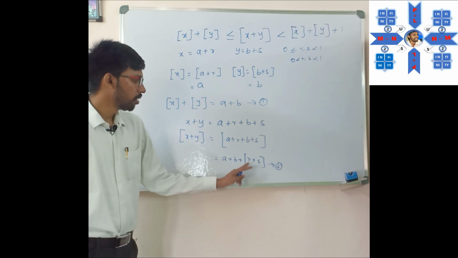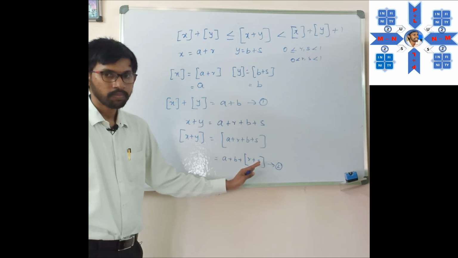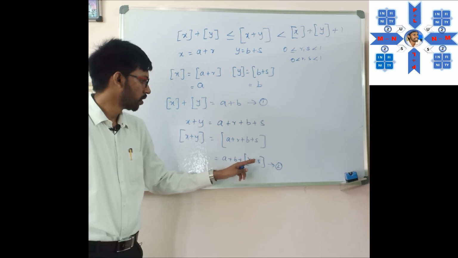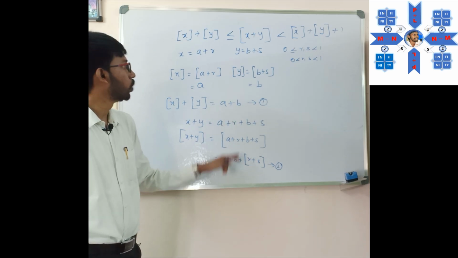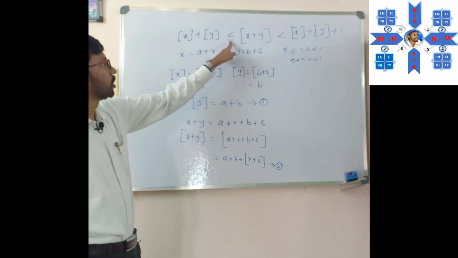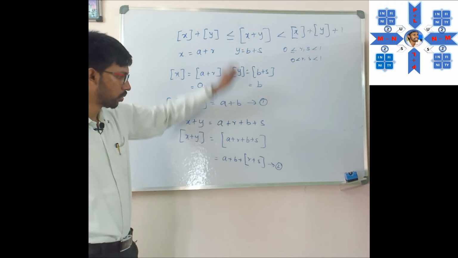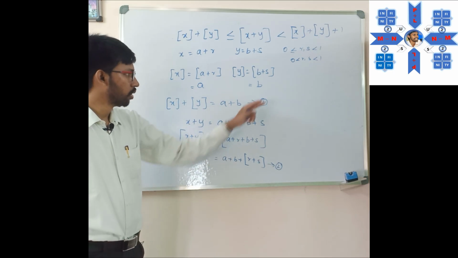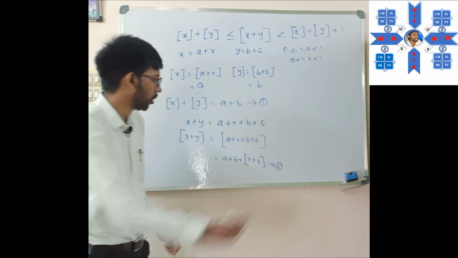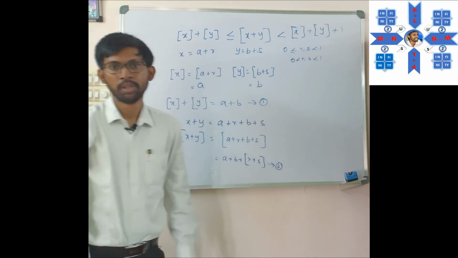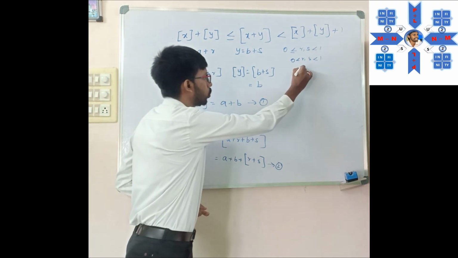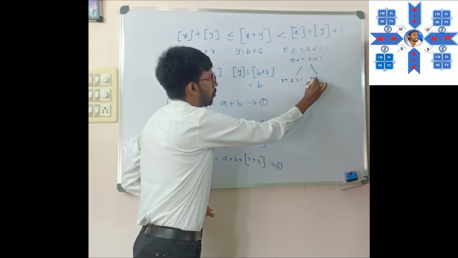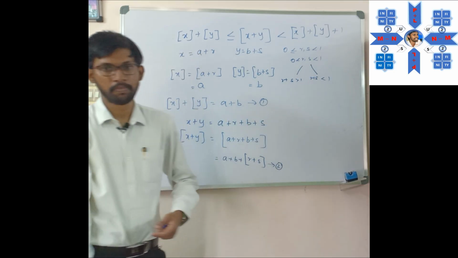When r and s both are equal to 0, then obviously 1 and 2 will be equal, so this equality will hold, right? If either one of them is non-zero, then we are into the other case. Again we have two cases where r plus s may be at least 1 or r plus s may be strictly less than 1.